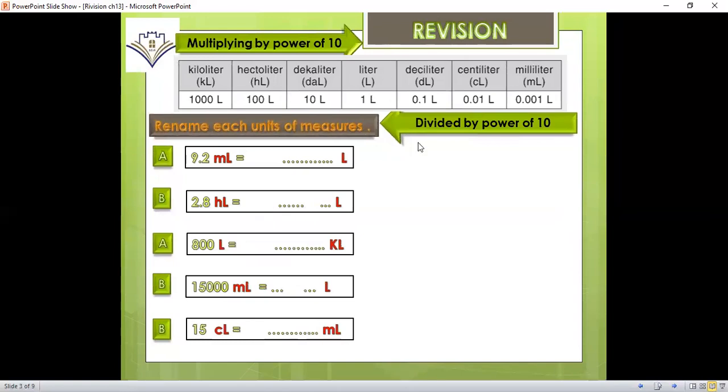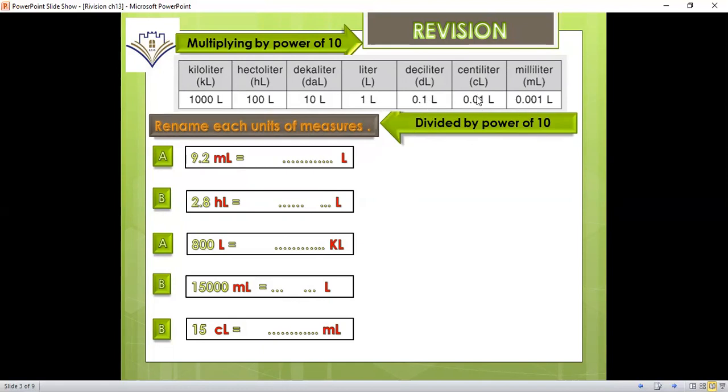The second slide is talking about metric capacity. The capacity is liter. Okay, let's talk about the first, 9.2 milliliter equals dots liter. Where is milliliter here? It's milliliter. Where is liter? From least to greatest, then divided by 1, 2, 3.